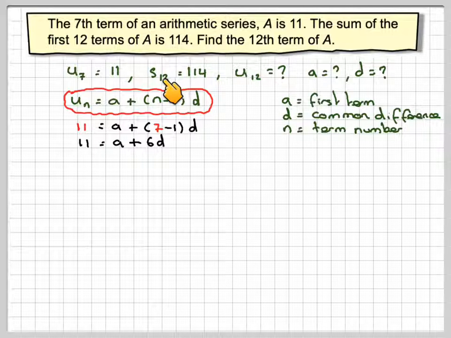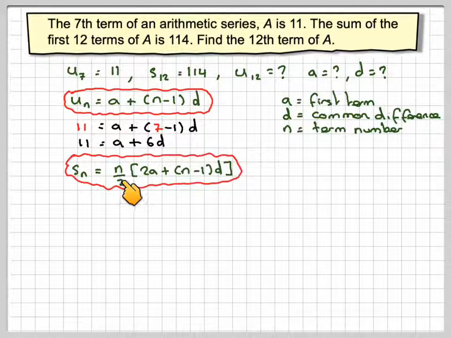The only other piece of information we know is that the sum of the first 12 terms is 114. So Sn is equal to n over 2 times (2a plus (n minus 1) times d). This formula is given at IGCSE. So we're going to put 114 is equal to n, which is going to be 12 in this case, divided by 2 times (2a plus (12 minus 1) times d).